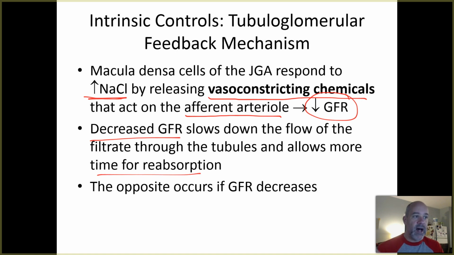And as I mentioned, the opposite occurs if GFR decreases. Then these macula densa cells won't release the vasoconstricting chemicals, and the myogenic mechanism will be involved as well. Instead of constriction, you'll have dilation of the afferent arteriole, which increases the flow of blood into the glomerulus and increases the GFR.